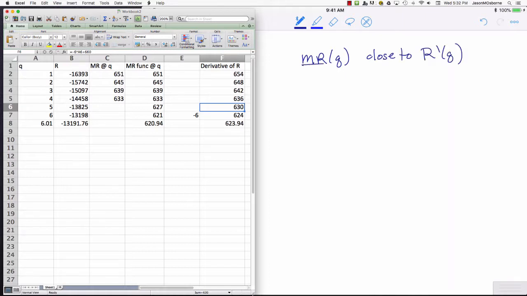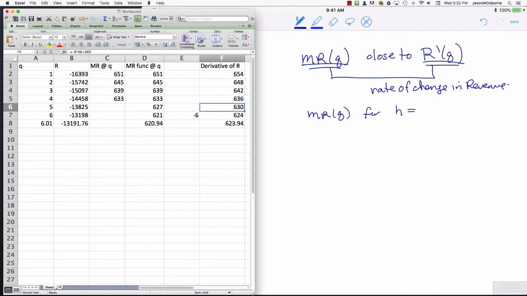Both of them tell you about a rate of change in the revenue. The marginal rate of change is for an increase of 1, and the derivative is a rate of change for h being a small number.